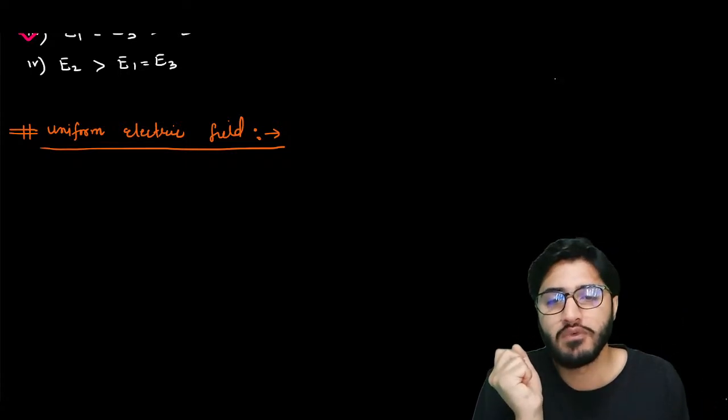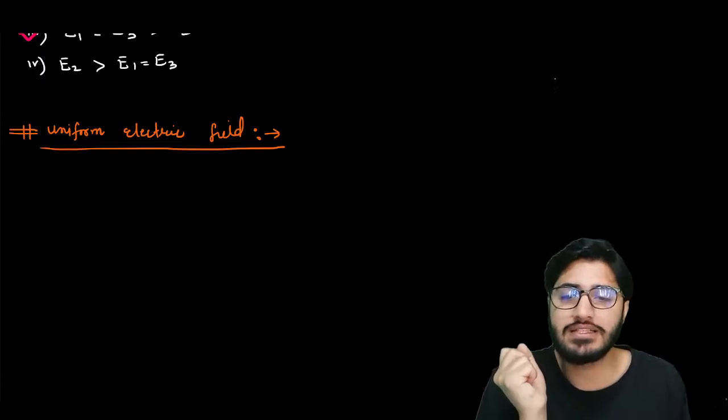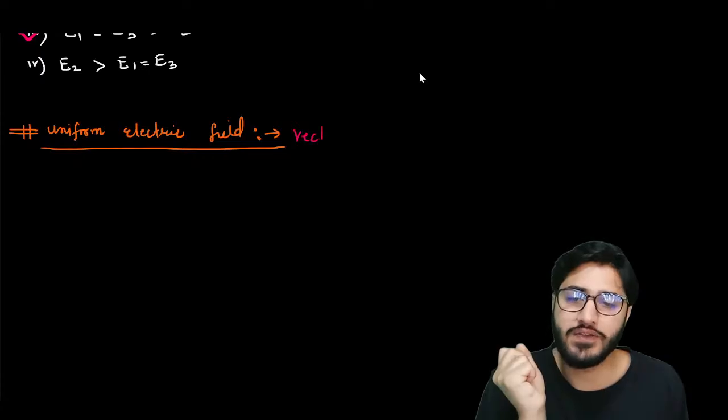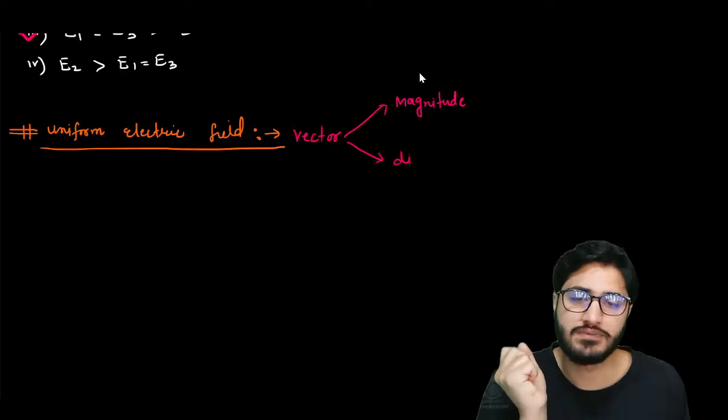We know one thing, that my electric field is a vector quantity. Vector quantity means it carries magnitude and it carries direction.